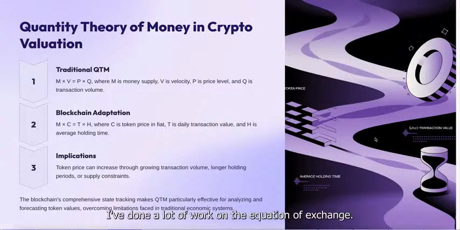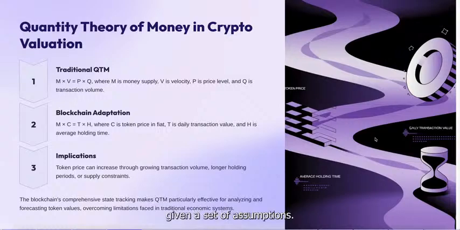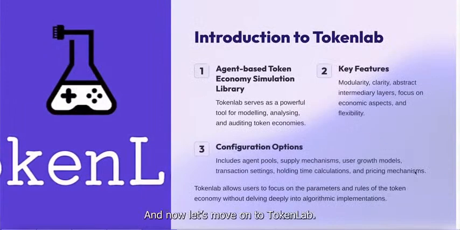I've done a lot of work on the equation of exchange. I also created an improved version in another paper. It's also one of the models we use in TokenLab to estimate the fair value of a token given a set of assumptions. And now let's move on to TokenLab.